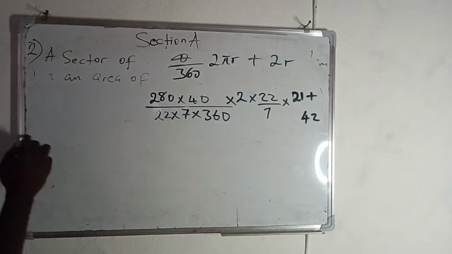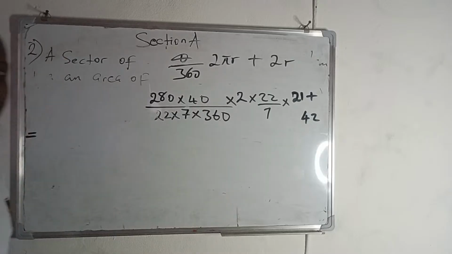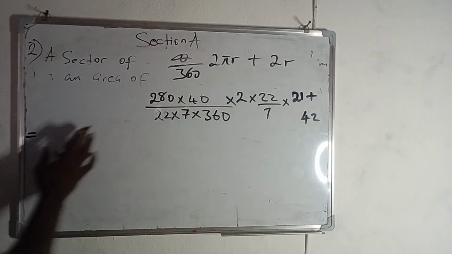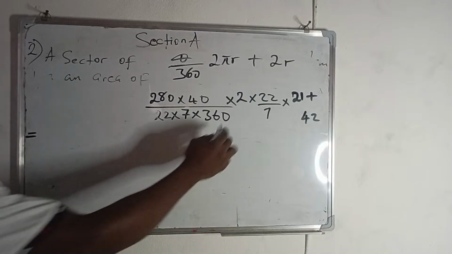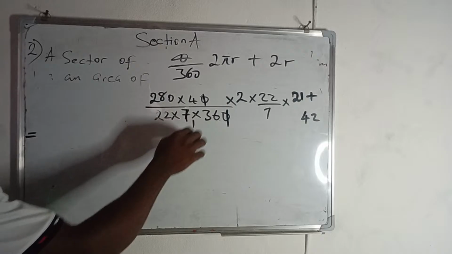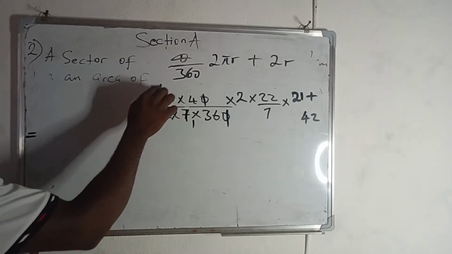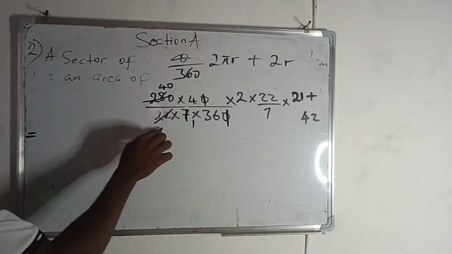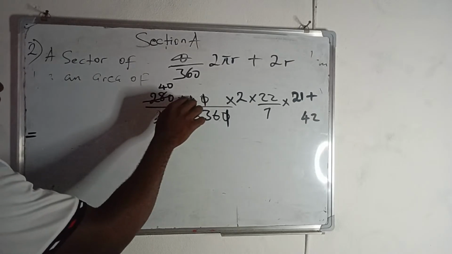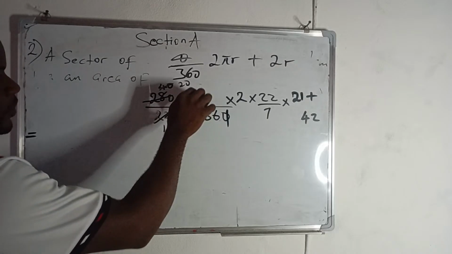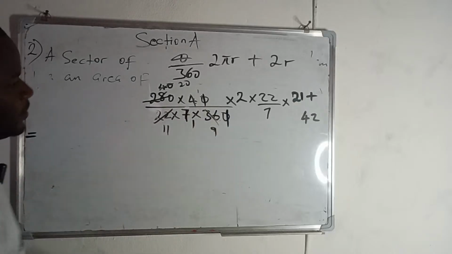Remember, we are avoiding excess approximation, which will make you have a higher or lesser value. So here, we can decide to reduce. We have 7 here, 7 will take care of this, we have 40. Then we can equally use 2 to take care of this, and as we have 2 here, that will give us 20. Then we have 4 here, which will give us 1, and 4 here will give us 9.